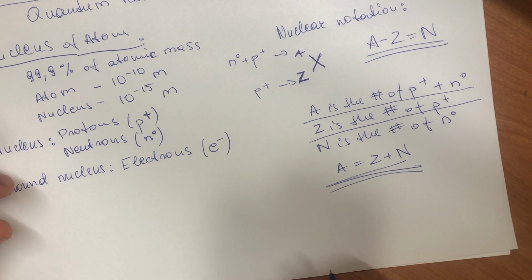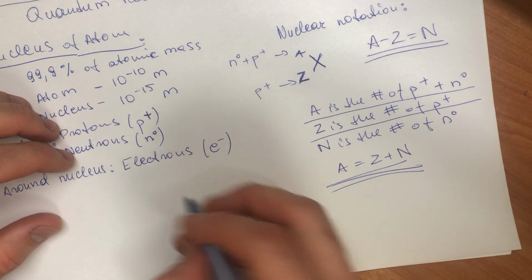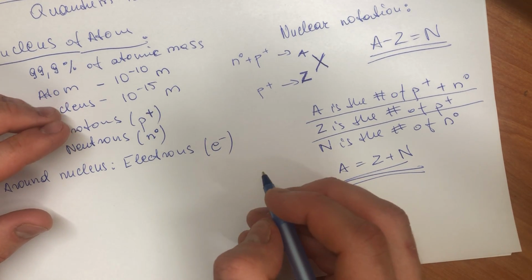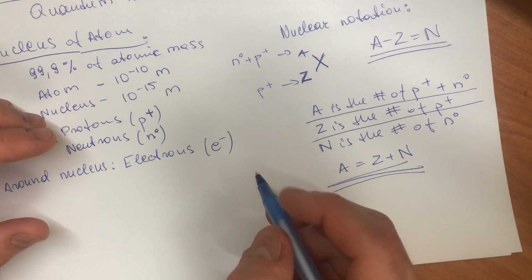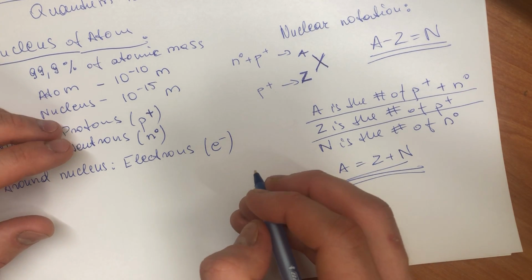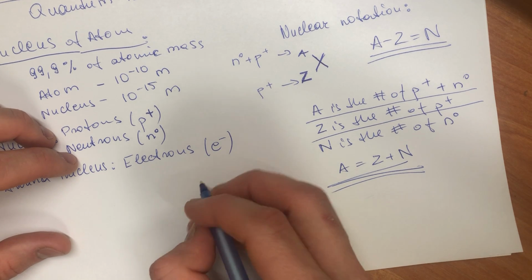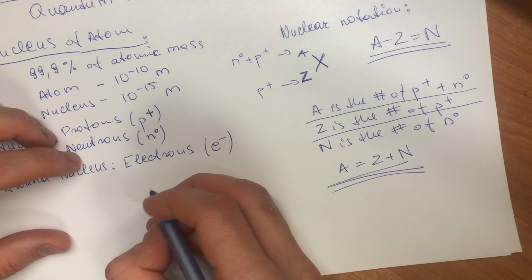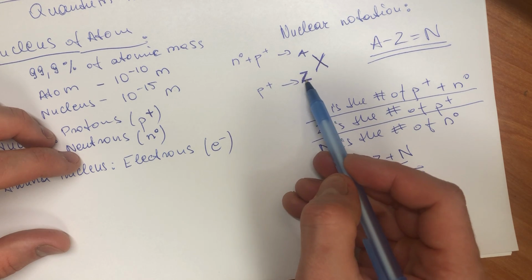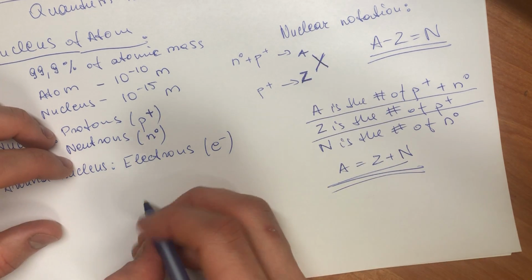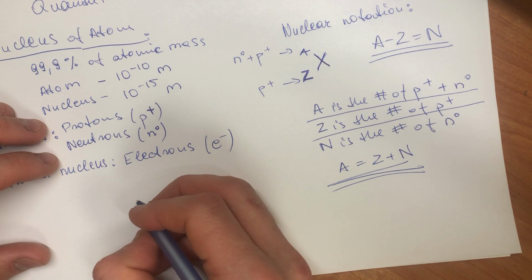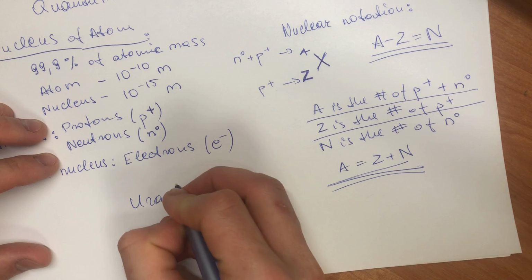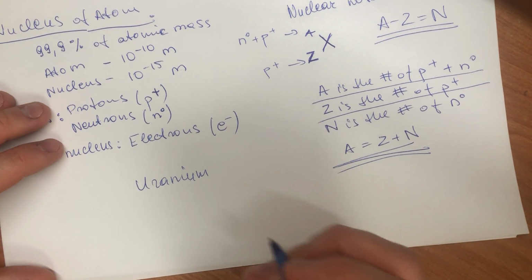Some elements, the same chemical element, may have the same number of protons but a different number of neutrons. It means that this Z number will be the same but the A number will be different, like uranium isotopes.